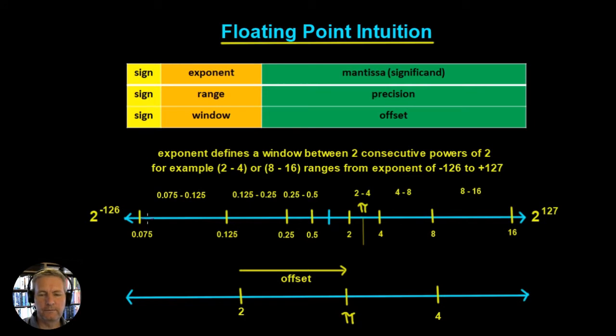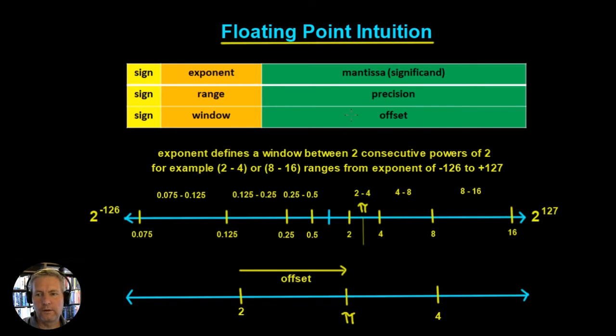So this exponent allows us to shift up and down the number line. So in effect this gives us our range. If we had more bits on the exponent, we would be able to represent a wider range of numbers.